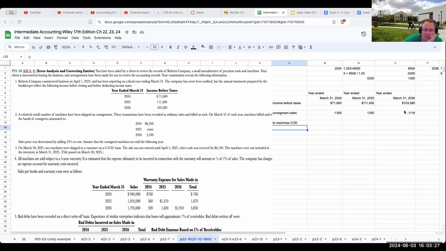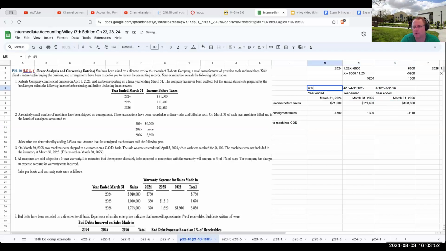So this is taking place in the fiscal year ended 2026. Remember, this is going from 4/1/25 to 3/31/26. This is 4/1/24 to 3/31/25.